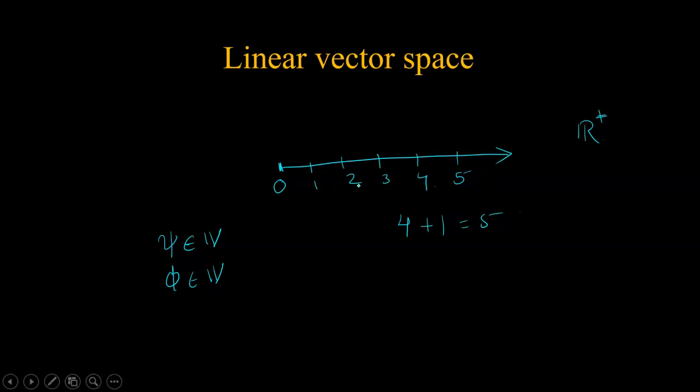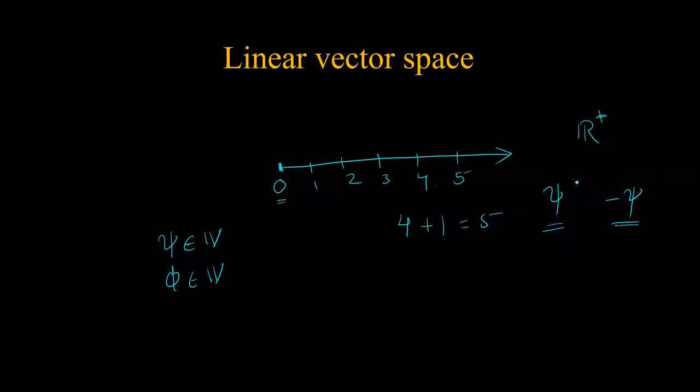So commutativity will also be followed. There is a null vector, so this is also followed, that is, a null additive vector. And then there is this case that if psi is there in a space and minus psi is also there in that particular space, then it will be a linear vector space.